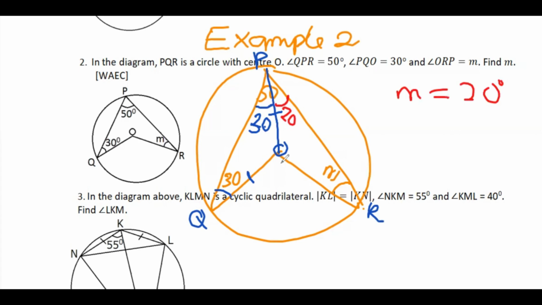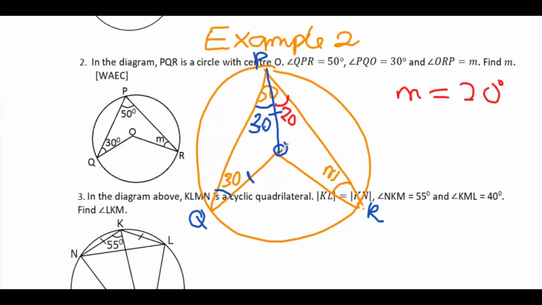You just say, first, join OP. Then, triangle PQO is an isosceles triangle such that angle OQP equals angle OPQ, which equals 30. If this is this, then you find this angle.